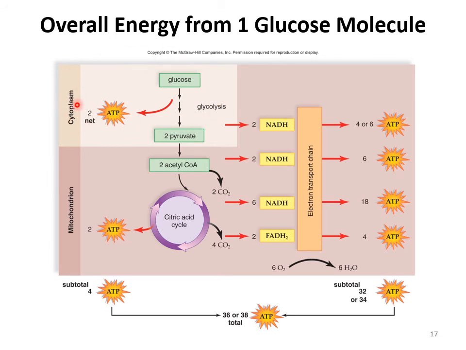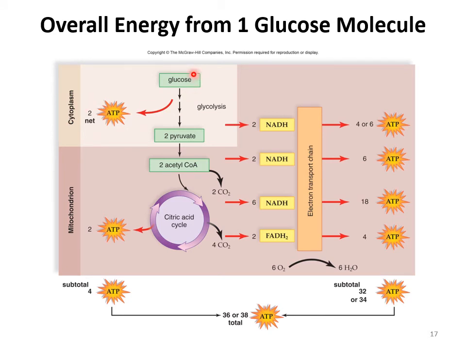Two significant things distinguish it from the other steps: it occurs in the cytoplasm, so circle cytoplasm for glycolysis, instead of the mitochondria, and it does not require oxygen. The other significance we said is it produces 2 ATP.